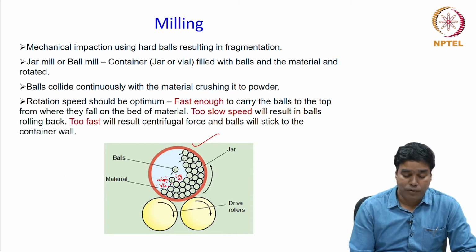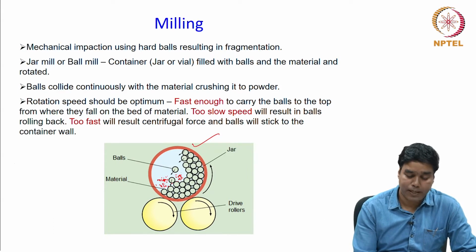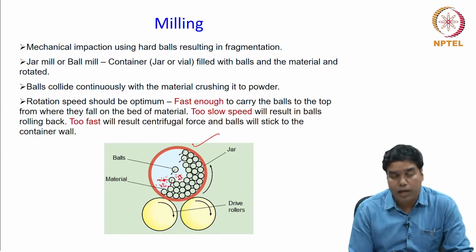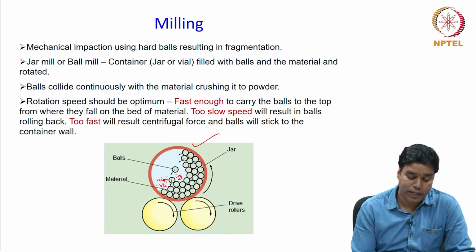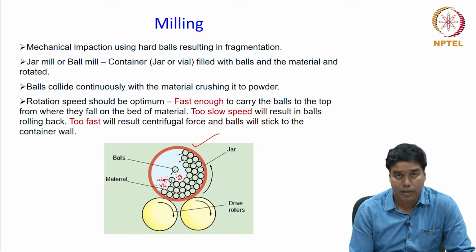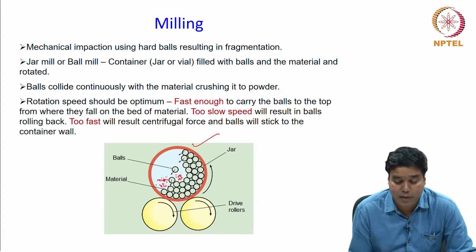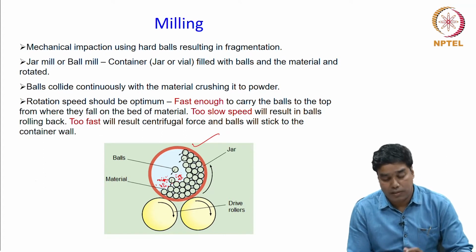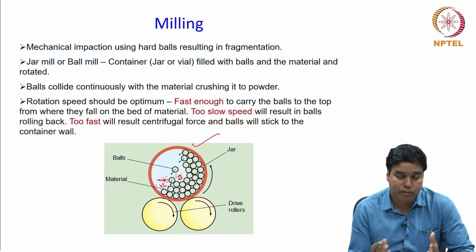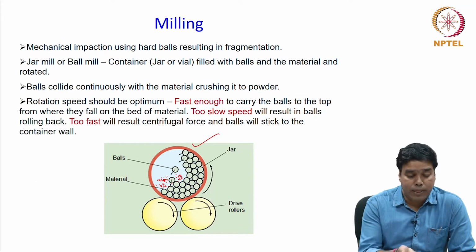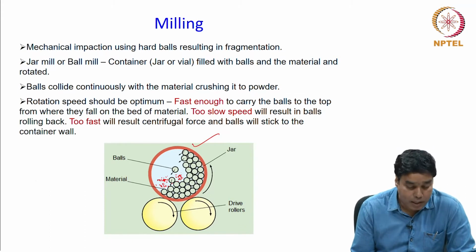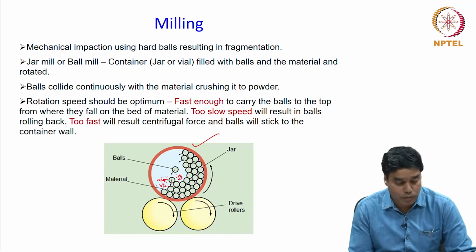So, if you rotate this container now at a given speed, at a given RPM, then these balls will go up, and then as they reach here, they will fall down again and crush against the powder or the material that you have, and crush it into smaller fragments or into powders. Okay. So, as I said, balls will collide continuously with the material and crush it into powder.